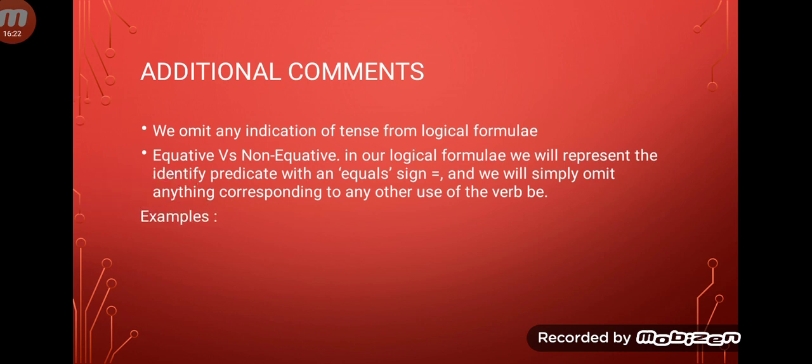For example, Clark Kent is Superman. We can use equals here. Clark Kent becomes c k, and then equals Superman, because this is an equative sentence.